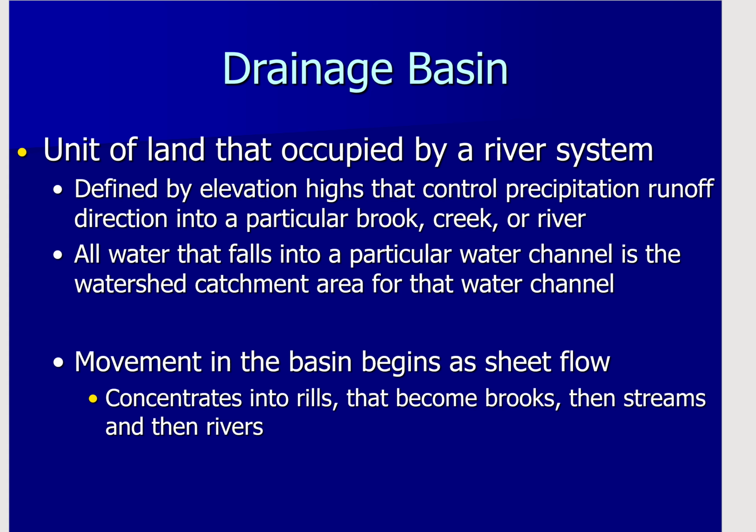So the first unit of landscape that we need to consider is the drainage basin, and that's a unit of land that's occupied by what we call a river system. And a river system is a river and all of the little tiny streams and brooks and rivers that connect together that drain a particular landscape.